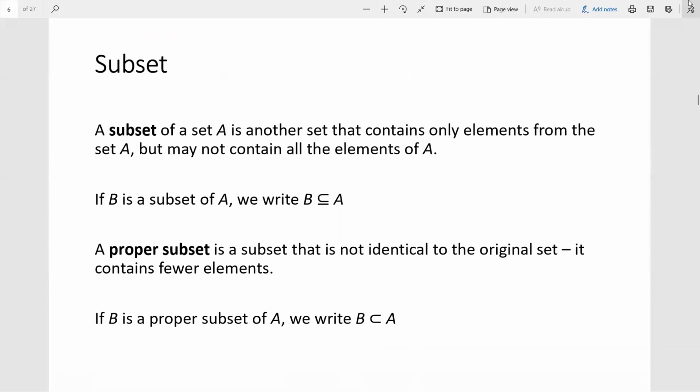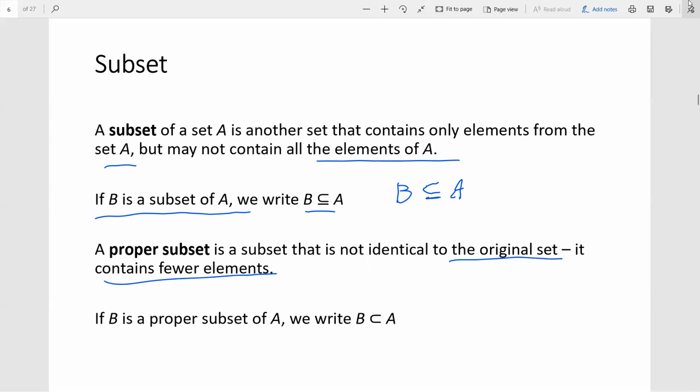Subsets. A subset of a set A is another set that contains only elements from the set A, but may not contain all the elements. If B is a subset of A, we write B, sort of like a contain symbol, like this, in A. And a proper subset is a subset that is not identical to the original set.